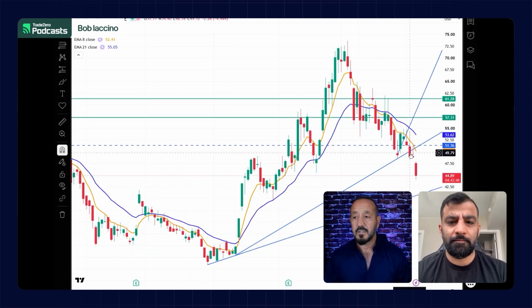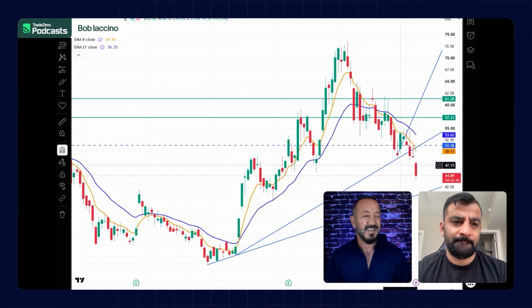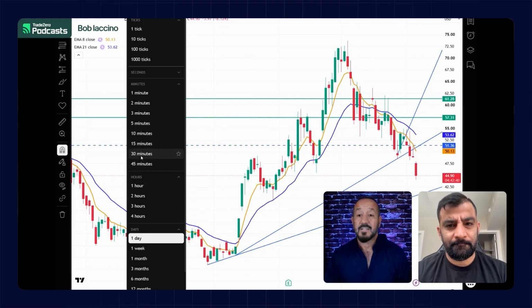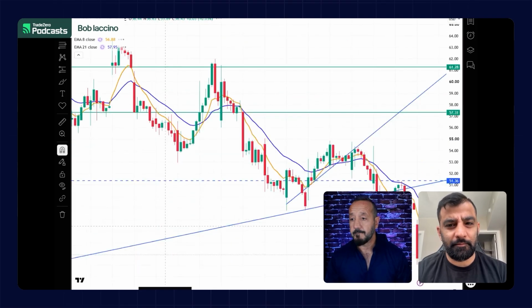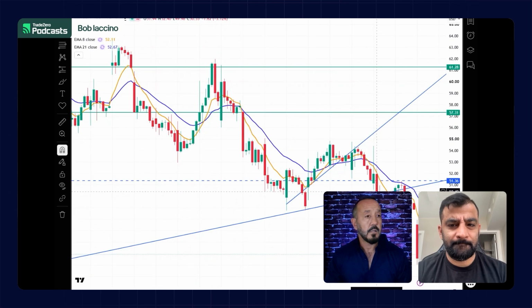Now you can notice that the market seems on a daily chart to not have respected that trend line at all, right? Now I'm guessing here. I haven't looked at this, okay? Look at it on an hourly basis. It did respect it right here. It hit it and closed above, right?